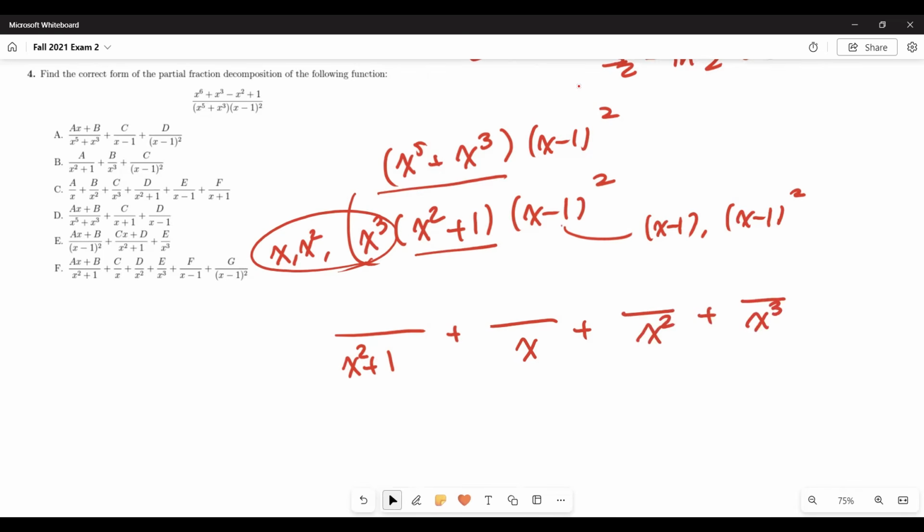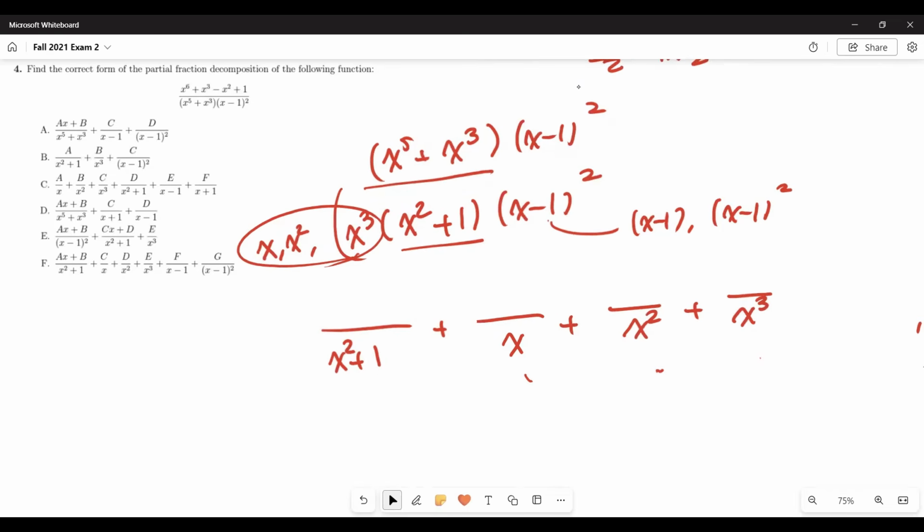Since it's x cubed, it can be separated into 3 different x, which is why you write x squared, x cubed. I don't know how to explain the reason behind it, but that's how it works. You just have to remember that if it's x cubed or something multiplied by separate terms or repeating like that, then you repeat it until it reaches the maximum exponent. So it will be the same as x minus 1 plus x minus 1 squared.